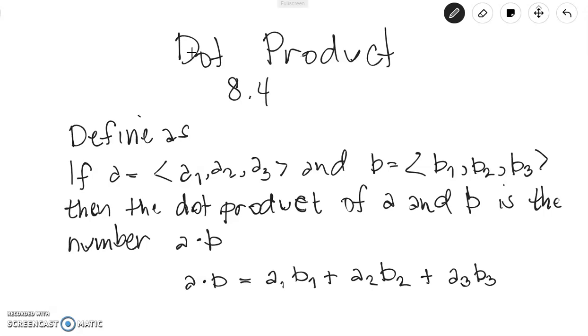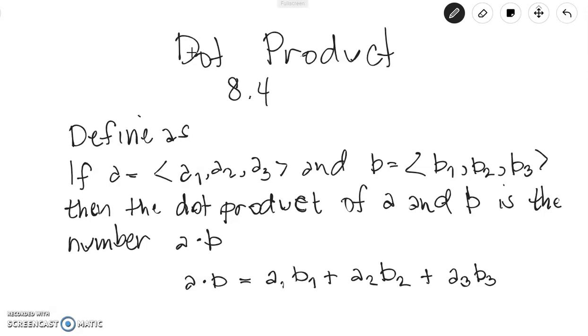So to find the dot product of A and B, we multiply A sub 1 and B sub 1, and then add the next values, A sub 2 times B sub 2, and then A sub 3 times B sub 3.